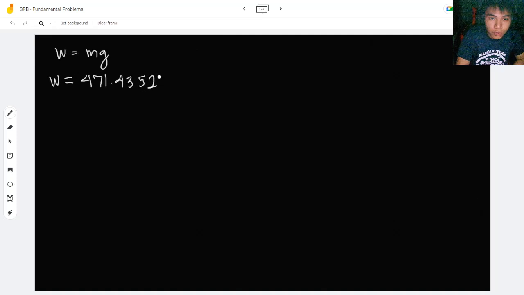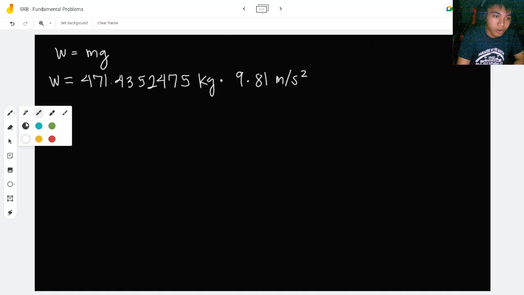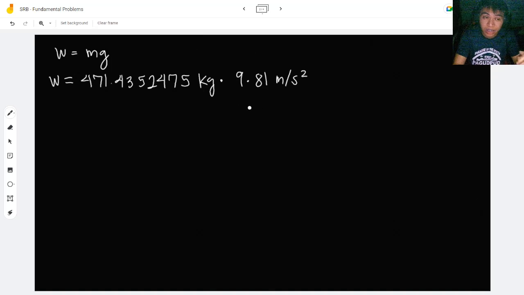So that's 471.435 2475 kilograms, times 9.81 meters per second squared. Okay, and when you multiply that, we know that kilograms times meter per second squared is the SI unit for newtons, which is force.